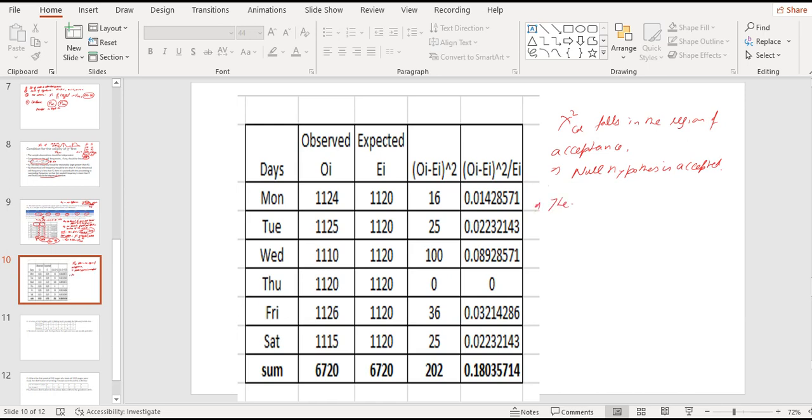So the conclusion is that the demand of the spare part does not depend upon the day of the week.